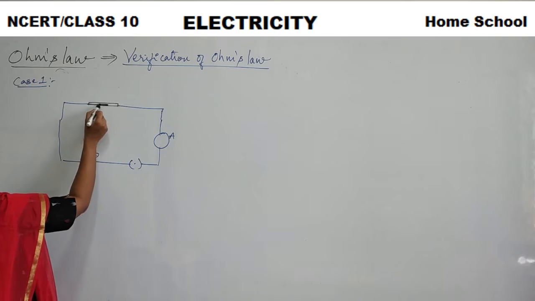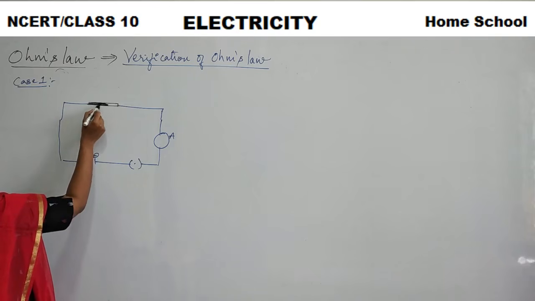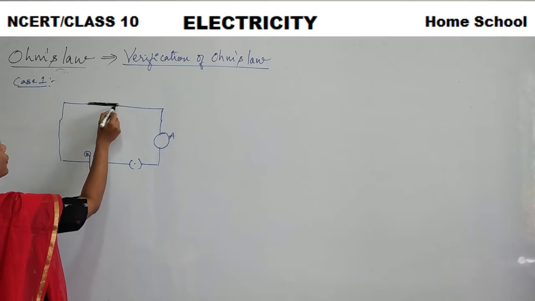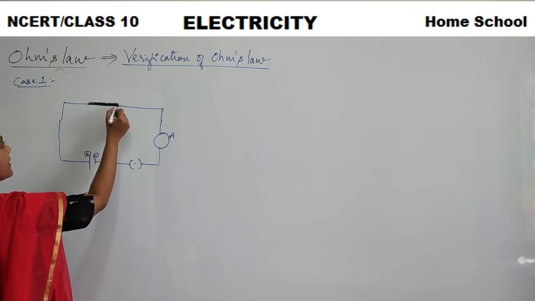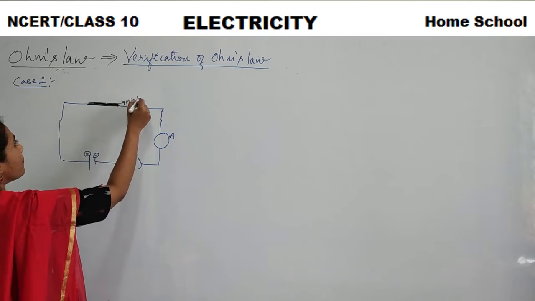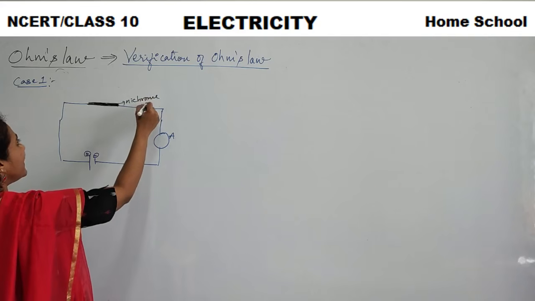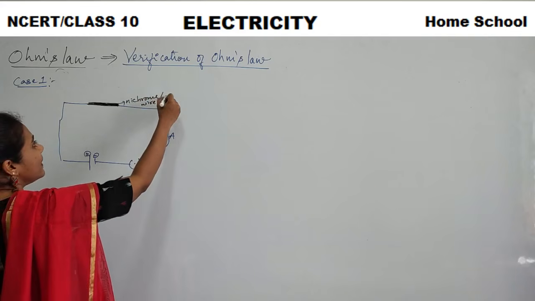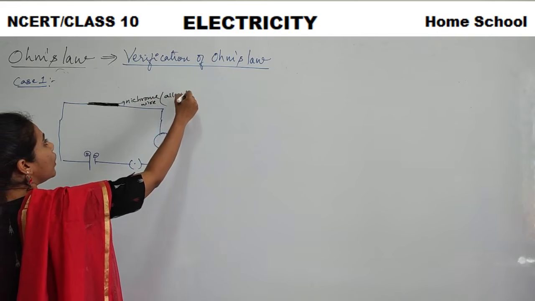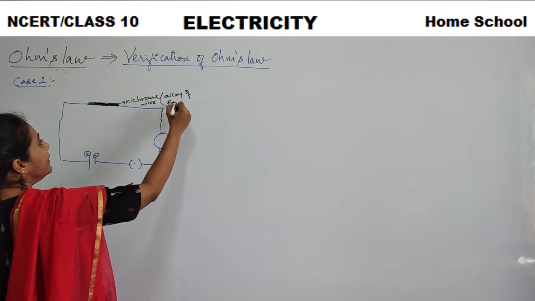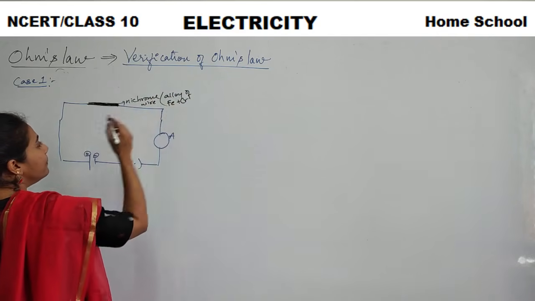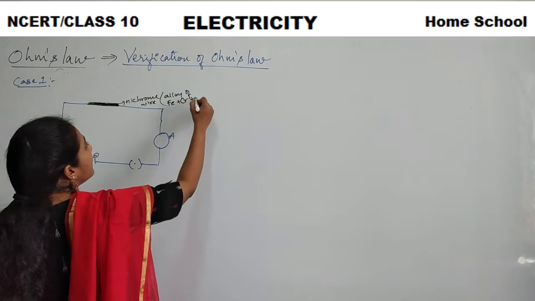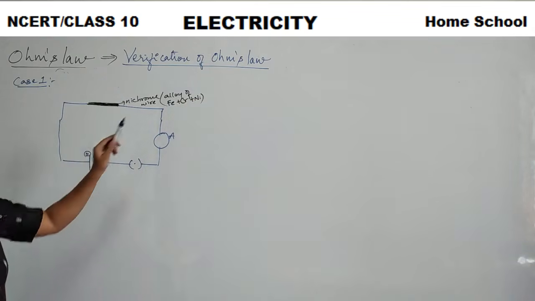Instead of a bulb or some other device, I am taking nichrome wire. What do you mean by nichrome, guys? Nichrome is nothing but an alloy. It is an alloy of iron, chromium, and nickel. This is what we call nichrome wire.